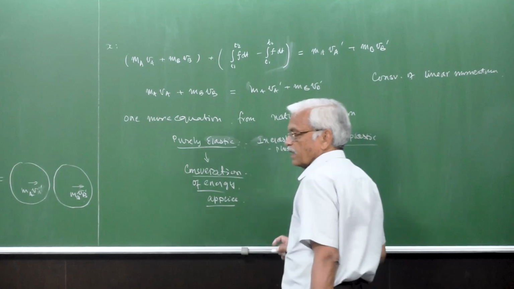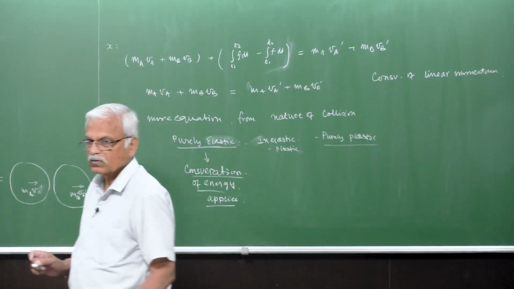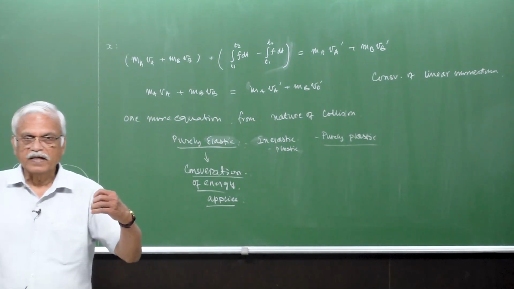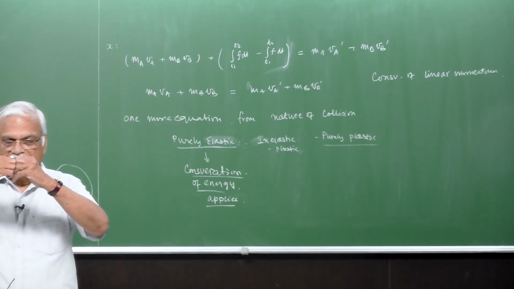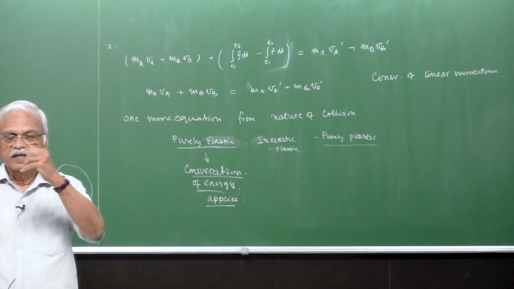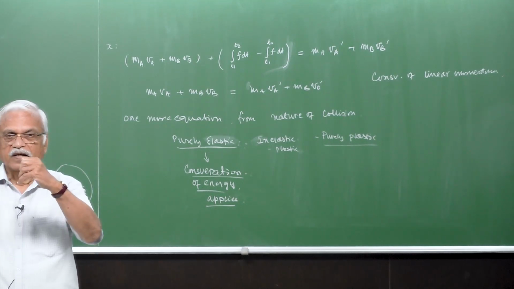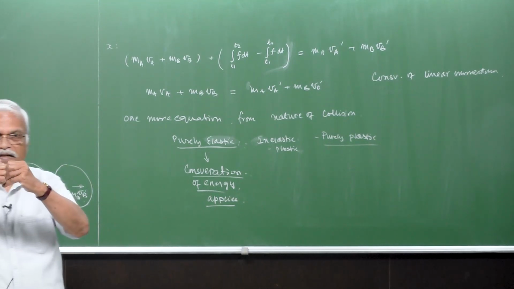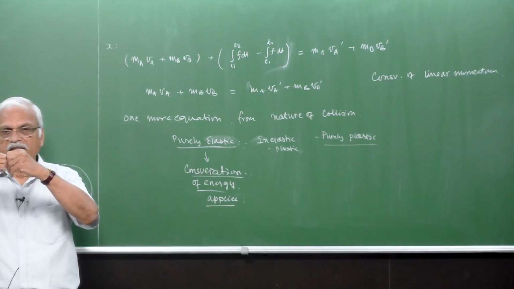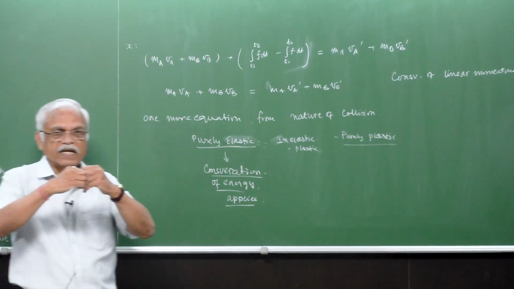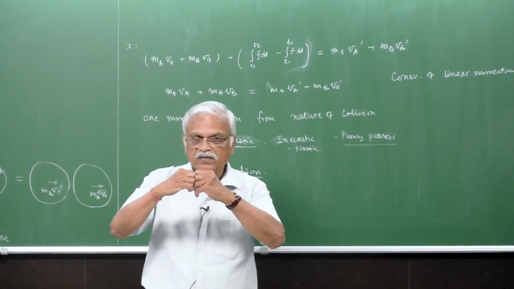Here, in the plastic case, the energy is lost, and the deformation is retained. That means if two bodies are coming and colliding, they get deformed, and then there is no recovery that takes place. After the maximum deformation, neither this recovers nor this recovers. So they stay like that at the maximum deformation status.